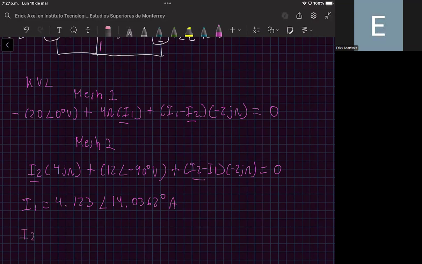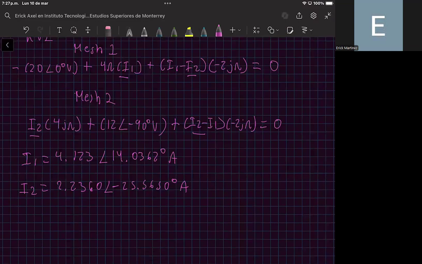And I2 is equal to 2.2360 with an angle of minus 25.5650 degrees amperes, okay?